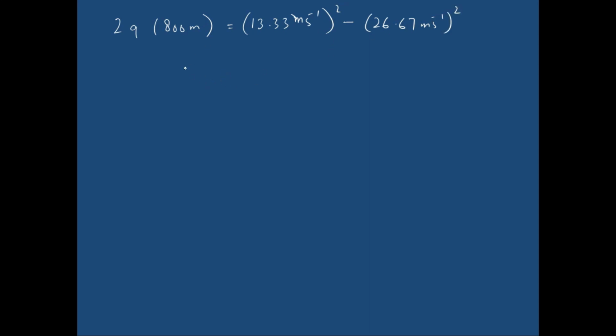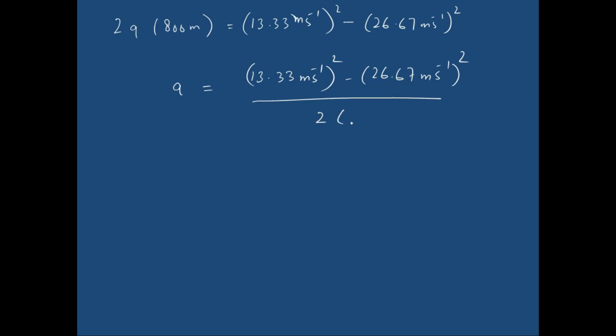So a equals 13.33 square minus 26.67 square, divided by 2 into 800 meters.